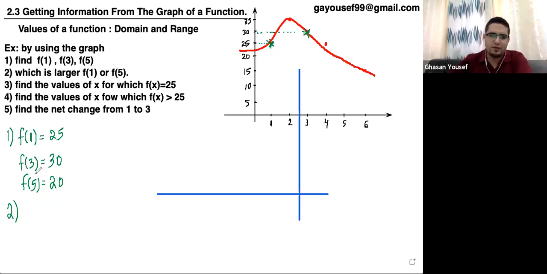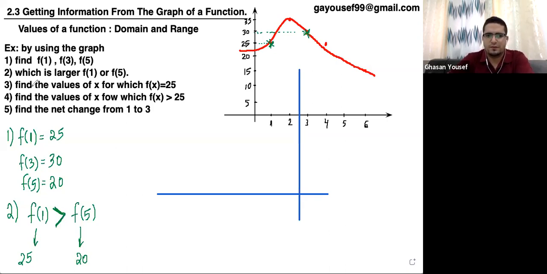Yes, f of 1 is larger, because f of 1 is 25 but f of 5 is 20. So f of 1 is greater than f of 5. Why? Because 25 is greater than 20. Is it clear?